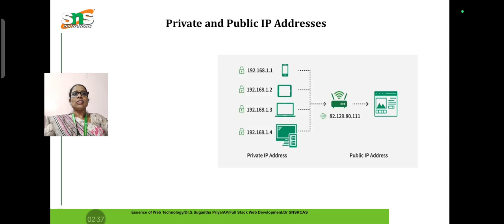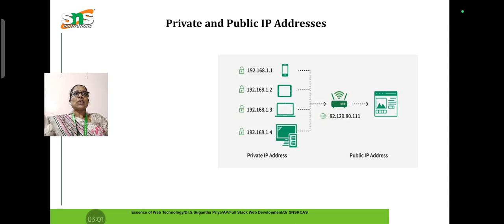Next is the private IP address. Private IP addresses are used within private networks and are not routable on the internet. This means that the devices with these IP addresses cannot directly communicate with the devices on the internet without a translating mechanism like a router performing network address translation, NAT.